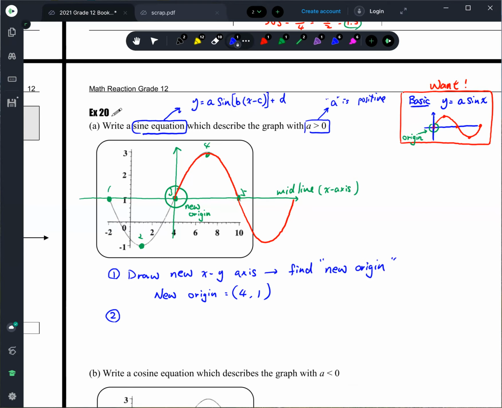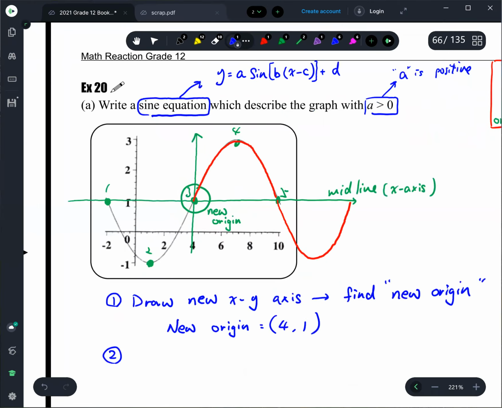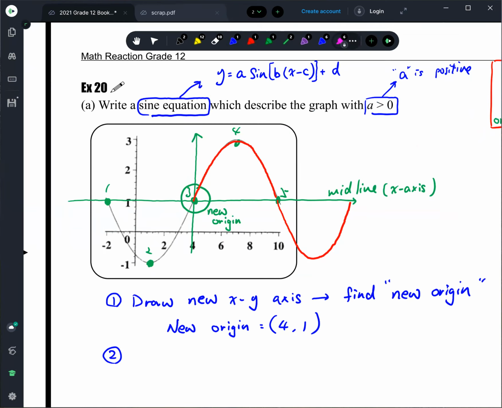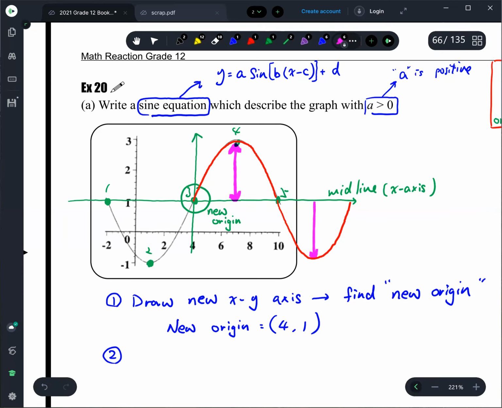If you look at the graph, the amplitude refers to the height from the midline. Okay, so I will use the highlighter. We'll be talking about this part to this part, the distance, or here to there.